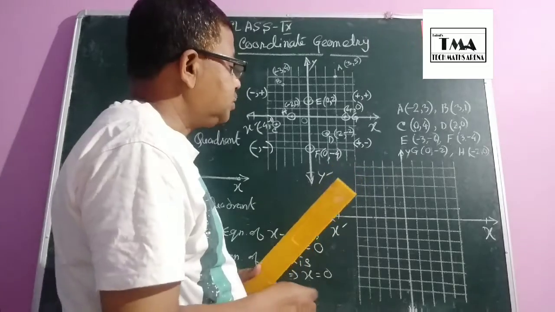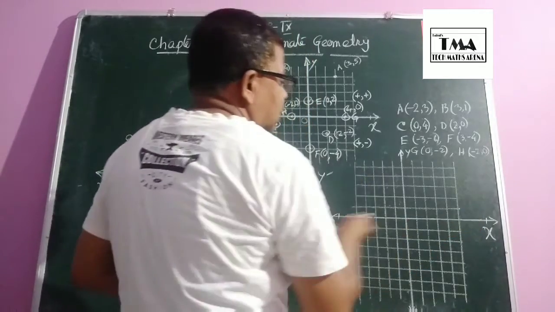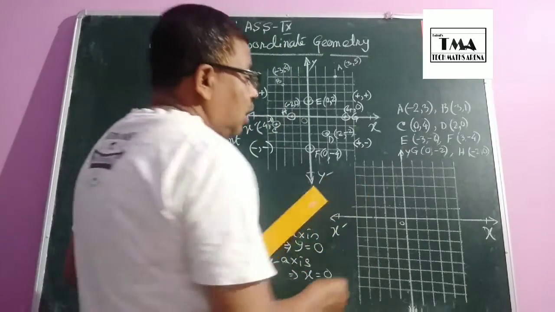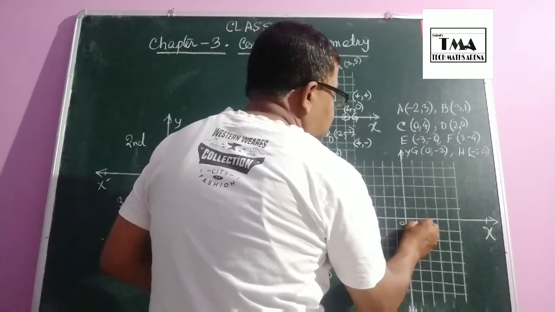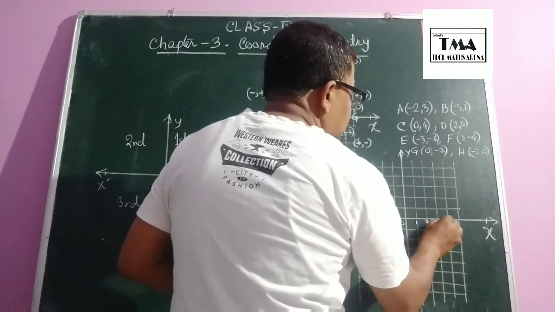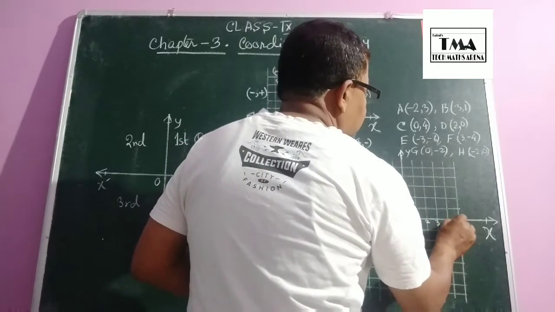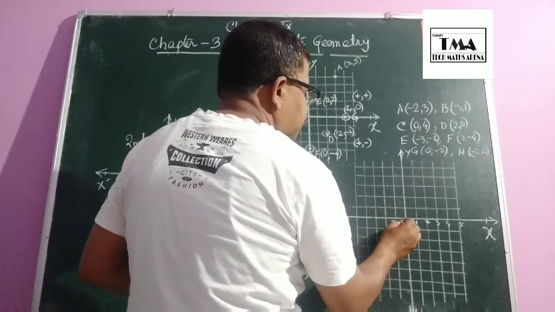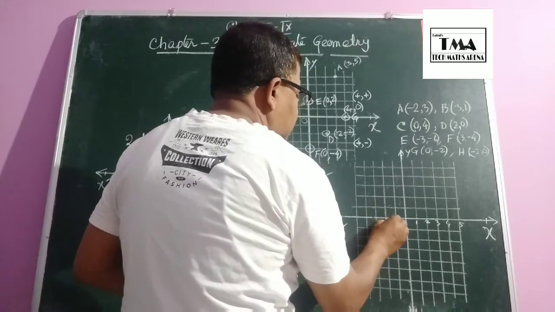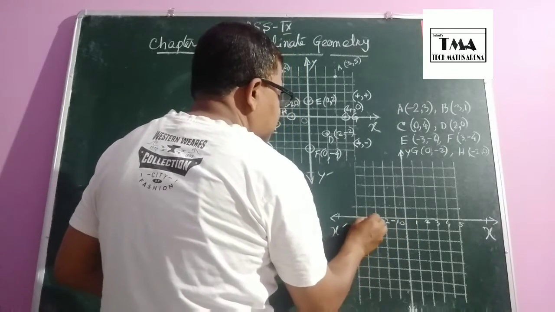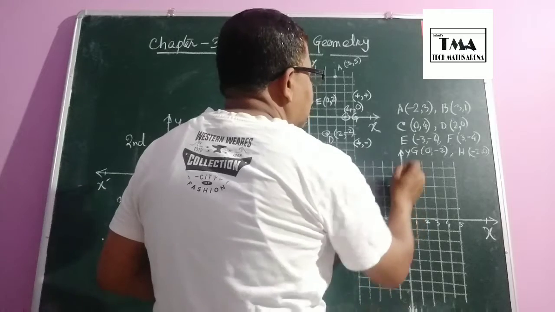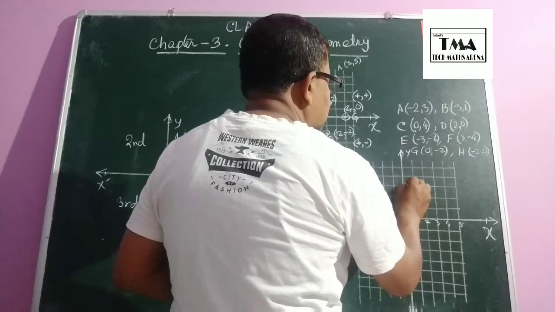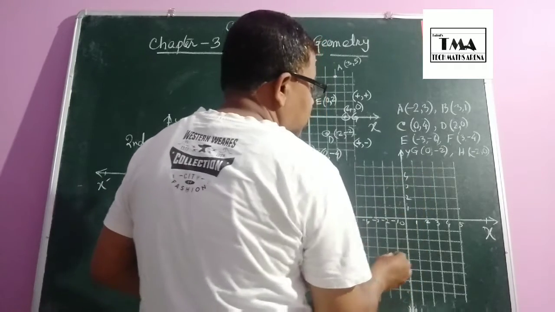At first, we know this is the x-axis, this is the y-axis, and the intersecting point is called the origin O. Suppose this is 1 unit, here 2, 3, 4, 5, and along the negative direction minus 1, minus 2, minus 3, minus 4, etc. Along the positive y-axis, this is plus 1, plus 2, plus 3, plus 4.